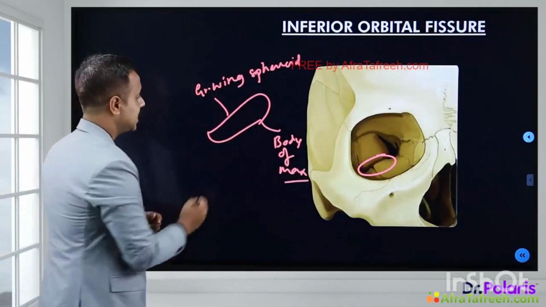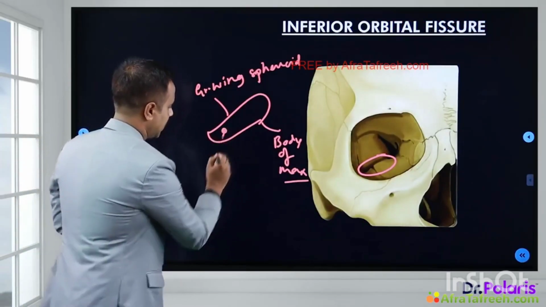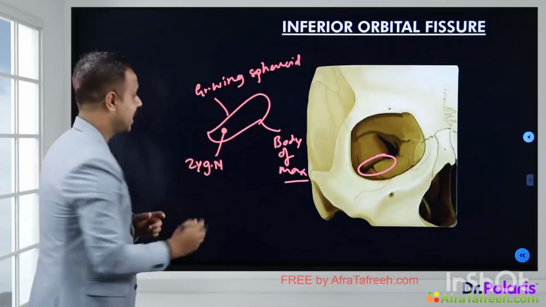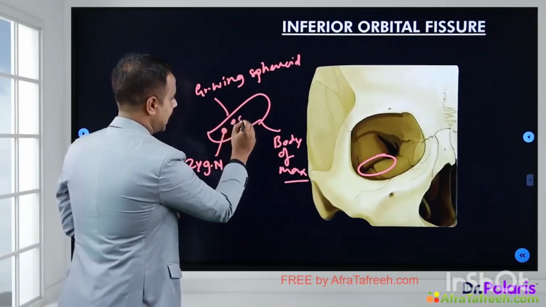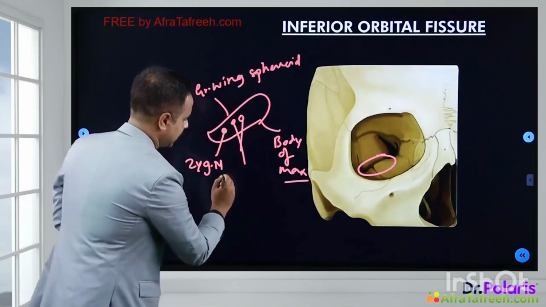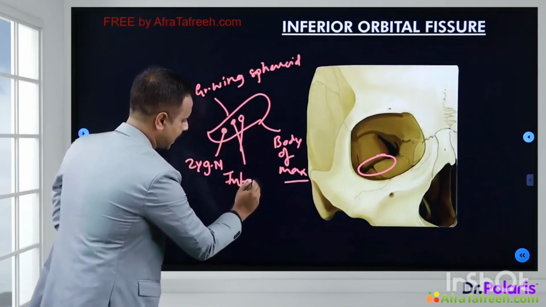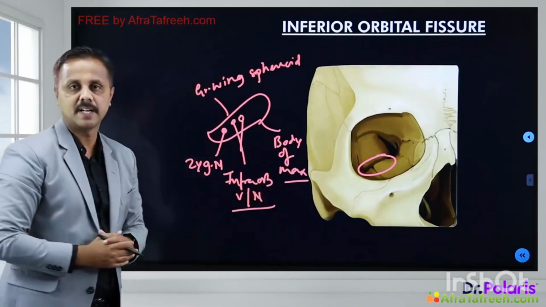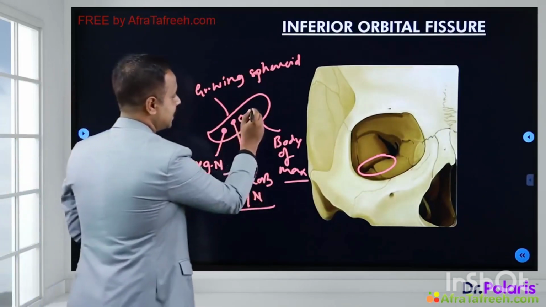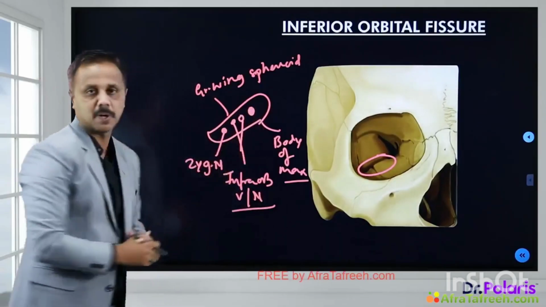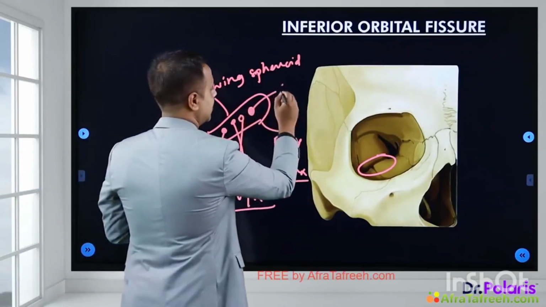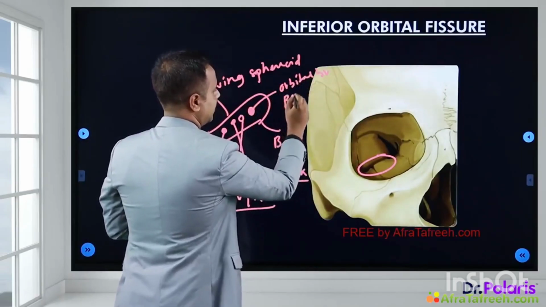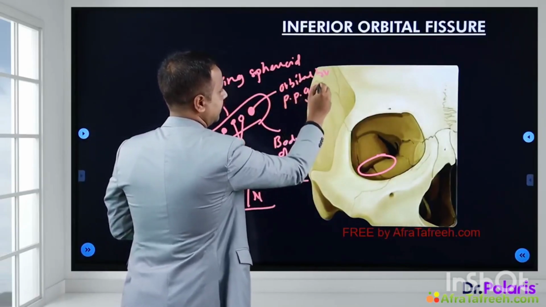What important structures pass through this? Remember, this will allow for passage of the zygomatic nerve. Then we have a nerve and a vessel, the infraorbital vessels and nerves. Then it gives passage for one more important nerve, the orbital branch of the pterygopalatine ganglion.